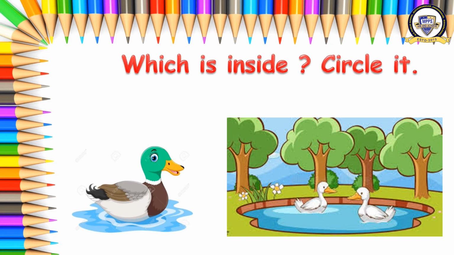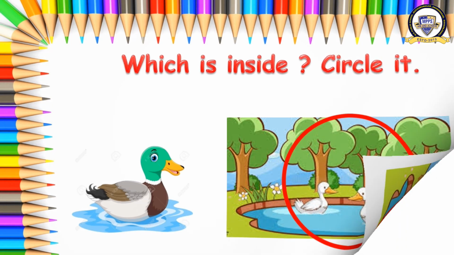One duck is in the water, the other two ducks are in the pond. So, which is inside? The first one or the second one? Which is the correct answer? Is it first one? No, the correct answer is the second one because the ducks are inside the pond.